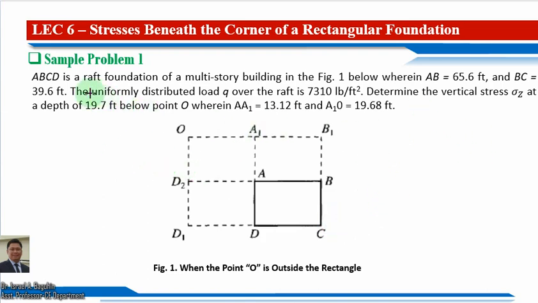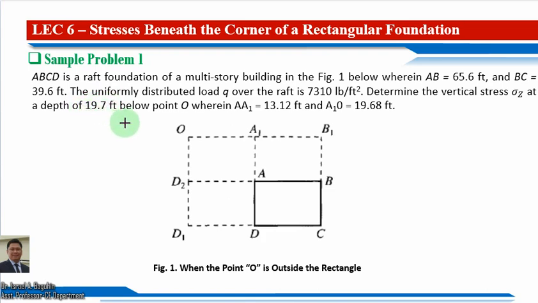We have here ABCD, which is a rough foundation of a multi-story building in figure 1, wherein AB is given as 65.6 feet, and BC as 39.6 feet, and the uniformly distributed load q over the rough foundation is 7,310 pounds per square feet.